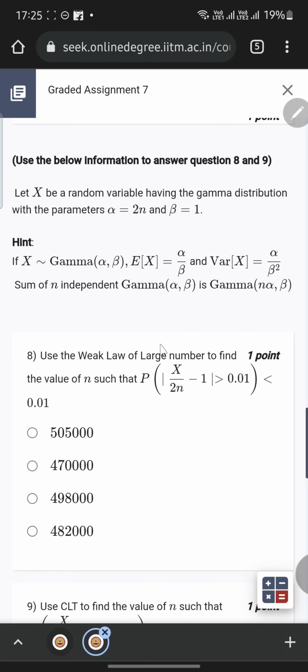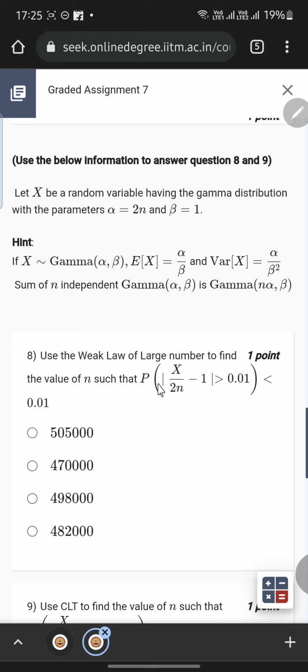Eighth question. Okay, so use the weak law of large numbers to find the value n such that the probability of the bound is less than 0.01. Okay, so first of all, we will just put the formula, the variance.